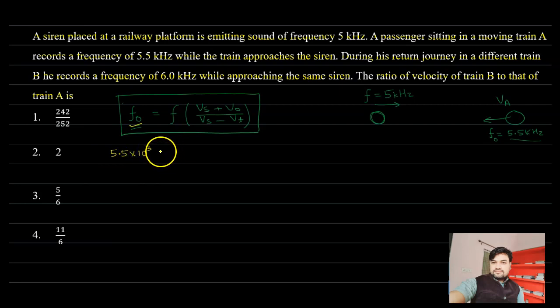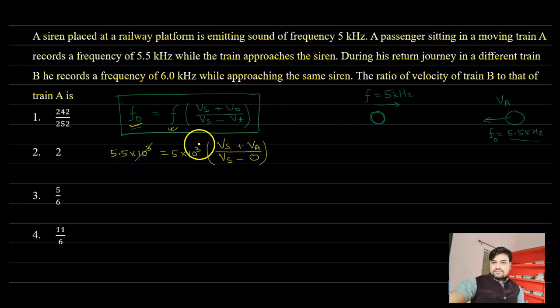Kilohertz is 10 to the power 3 Hertz, and the frequency emitted by the platform is 5 into 10 to the power 3. Now velocity of sound is Vs plus velocity of observer, let us suppose velocity of observer A is Va, divided by the velocity of sound minus velocity of source. The source is a railway platform which is not moving, so its velocity will become 0.